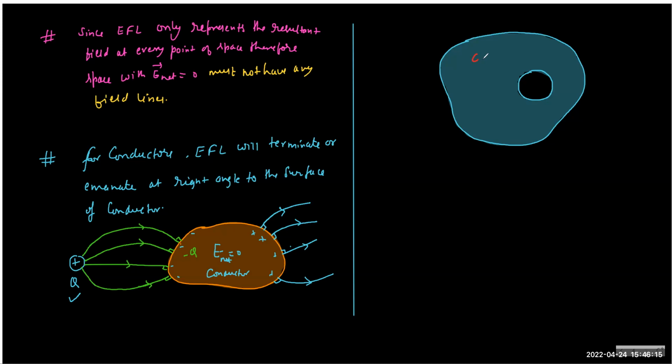So this is the conductor, and this is the cavity. If you bring any plus charge outside, then the field lines will begin from there, terminate, and will again restart from the other side and go on forever. That's how it will be.